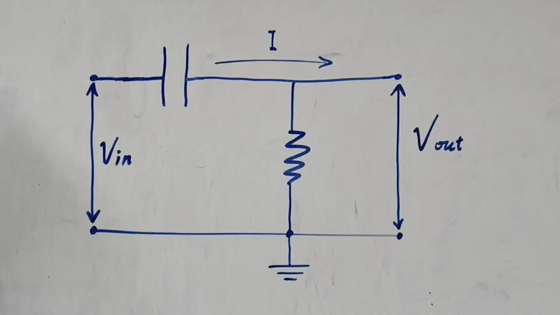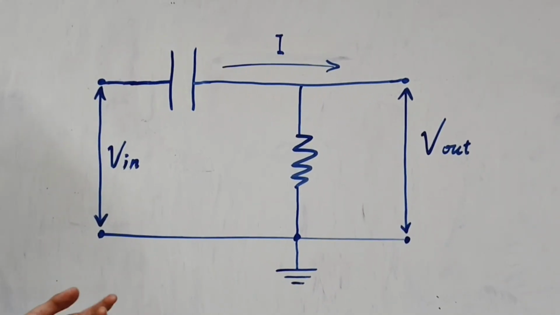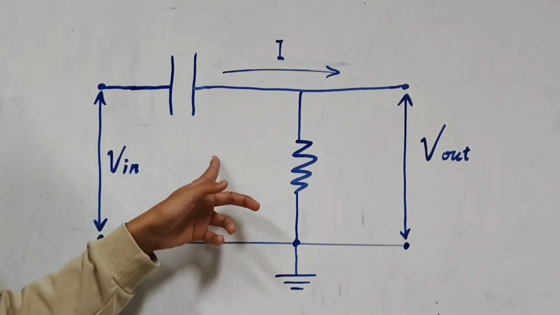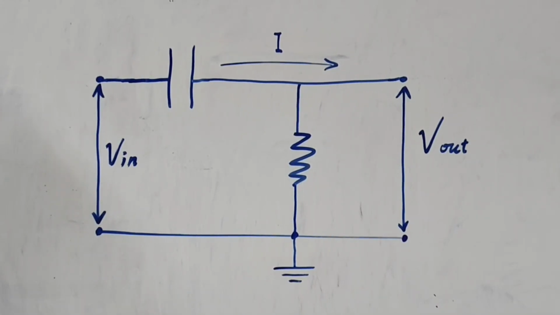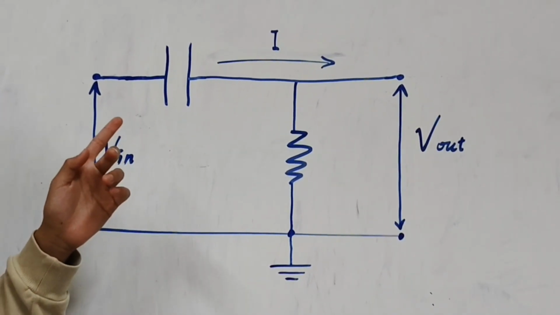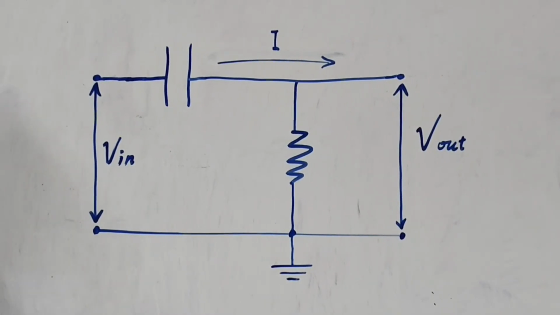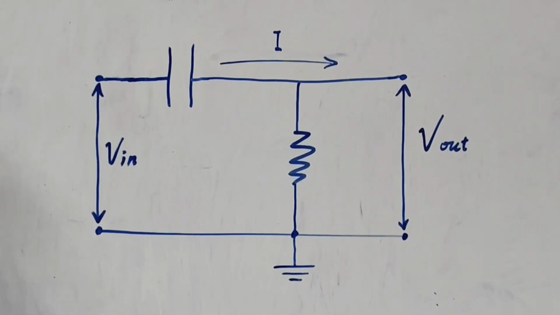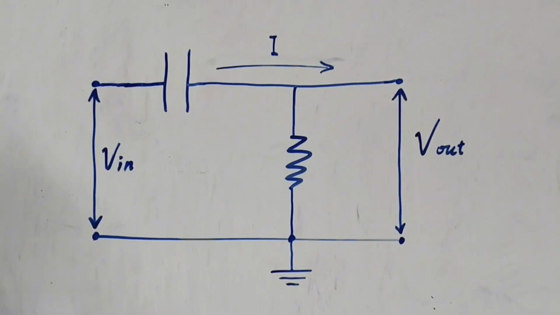As the frequency increases, the capacitive reactance decreases. At high frequency, the capacitor behaves almost like a short circuit, allowing the signal to pass through to the output. Similar to the low-pass filter, the transition between attenuation and transmission occurs at the cutoff frequency, which is determined by the same formula.